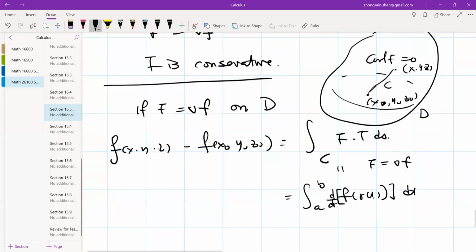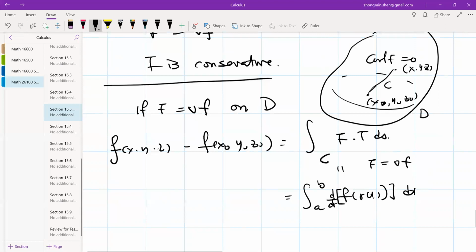As long as we are inside this domain, if we can prove the curl of F is 0, and this line integral is independent of the particular choice of curve, then f must be given by this formula.